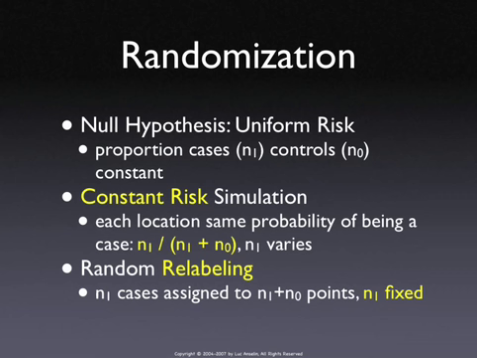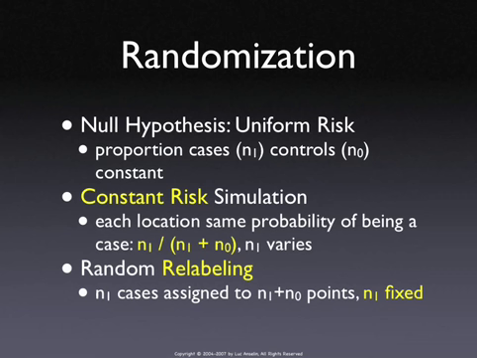Instead of shuffling the points around, we shuffle the labels around. So there are 5 labels on those 100 points that say disease, and we're just randomly sticking them on other points. The points themselves don't move, the number of points doesn't change, but the labeling does change.